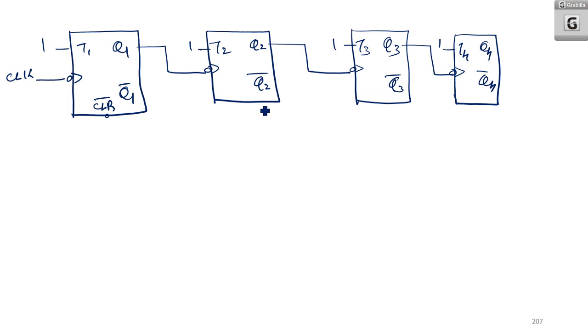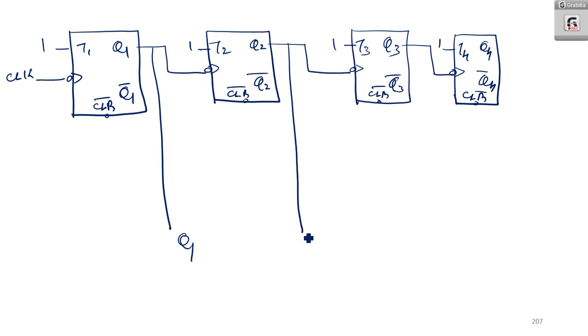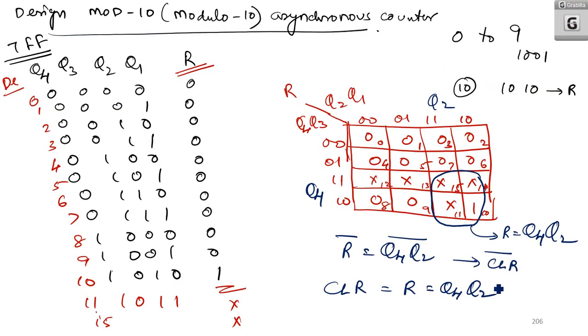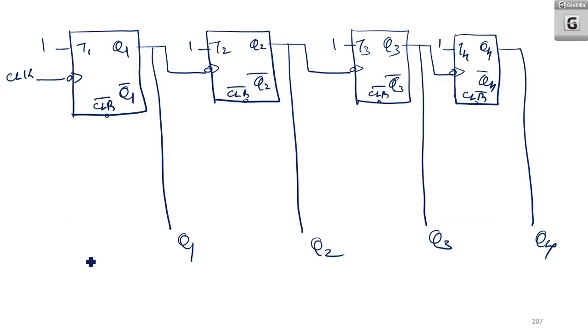Now what is going into the clear bar pin? That is what we need to judge here. Here Q1 is coming out. Here Q2 is coming out. And here Q3 is coming out. And then Q4 is coming out. So what is clear bar? Clear bar is Q4 Q2 whole bar.